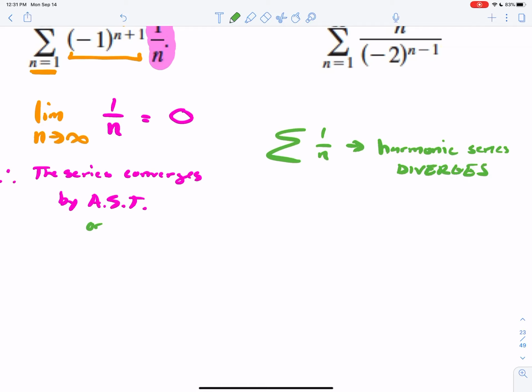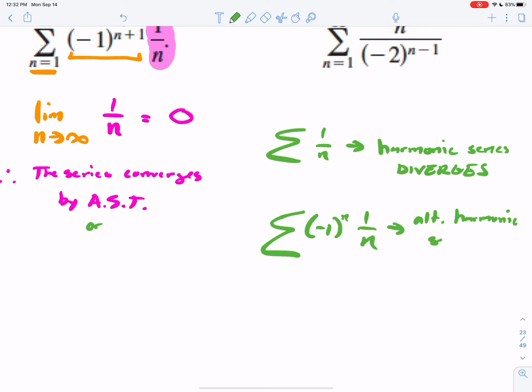Okay? Now, the other one, and the last one that you need to remember is, there's a special one here. Not exactly that, but notice how we have an alternating harmonic series. So the harmonic is the 1 over the n, and the alternating is the negative 1. So alternating harmonic series is commonly known to converge.